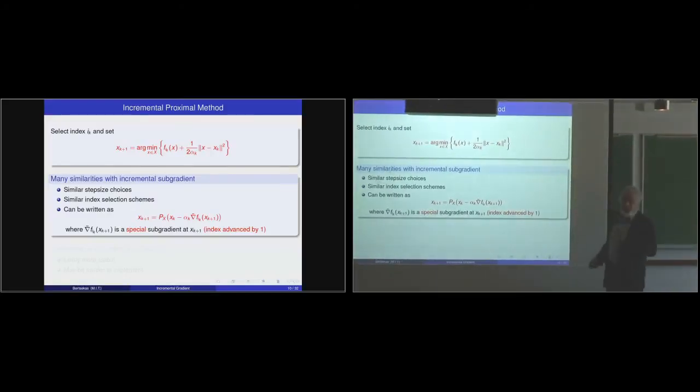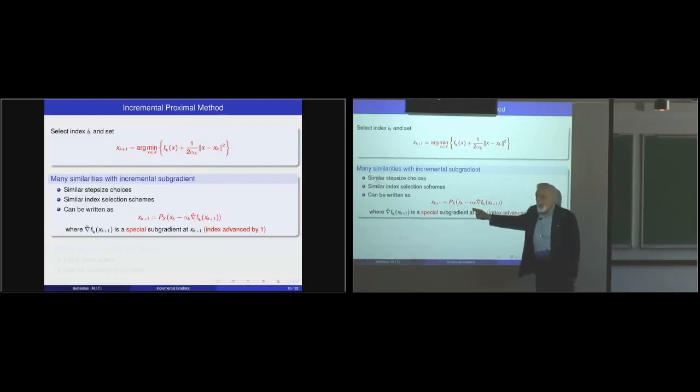And here's another insight. It is possible to write this incremental proximal minimization equivalently as an incremental gradient iteration, but with a subgradient evaluated not at the current point xk, but rather at the new point. So this becomes an implicit iteration, which is difficult to implement.